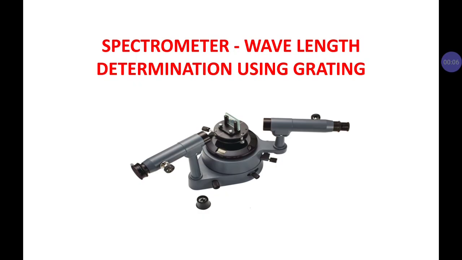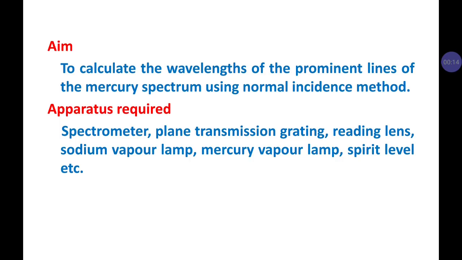In this part, I am going to explain the spectrometer wavelength determination using grating. The aim of this experiment is to calculate the wavelength of prominent lines of the mercury spectrum using the normal incidence method.